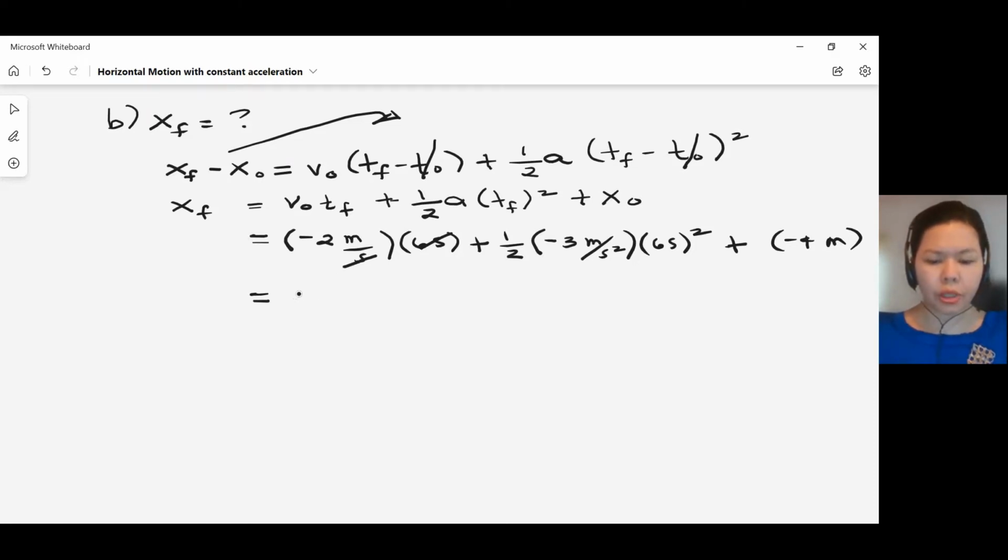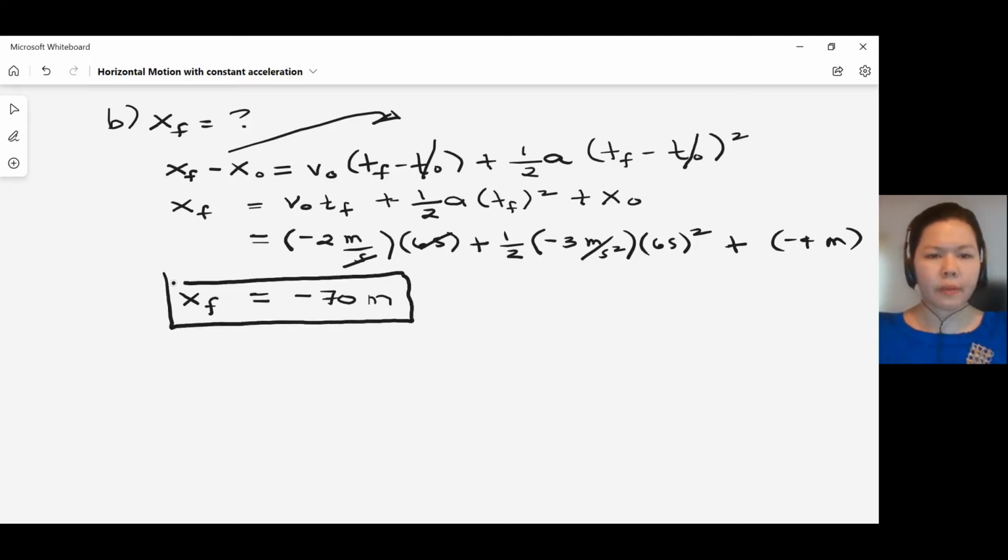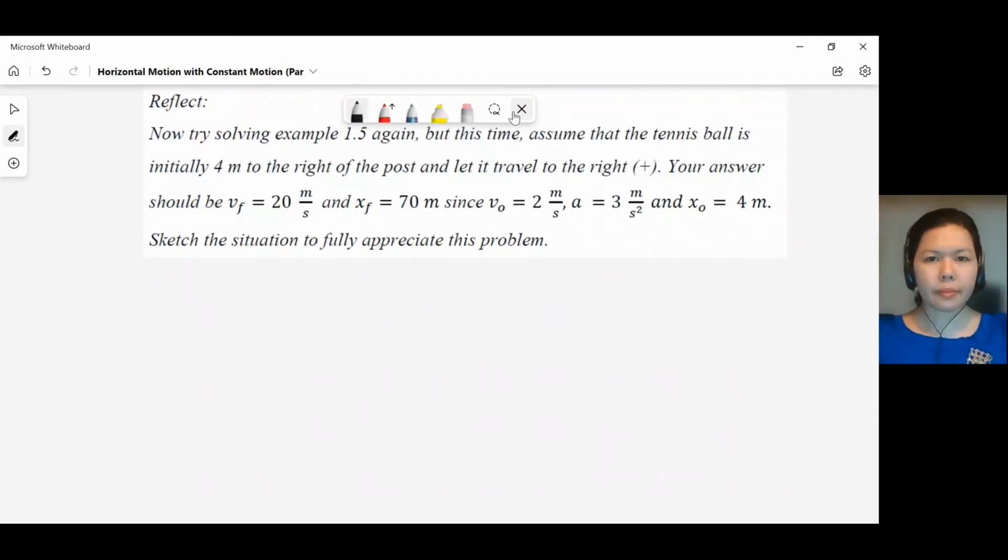And if you use your calculator, you will get an answer of negative 70 meters. X final, therefore, the tennis ball is 70 meters to the left of the post. This is now the answer.